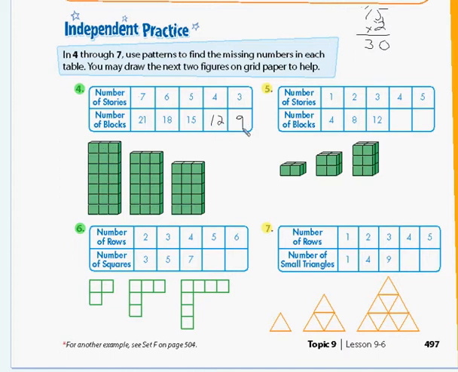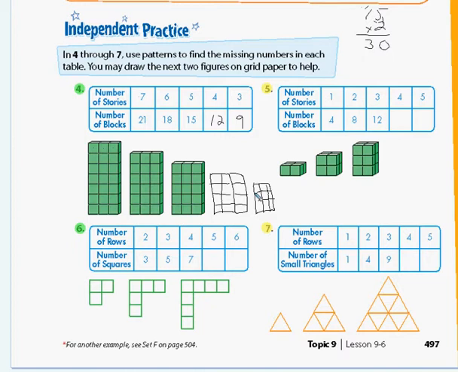A 4-story one, and there's 3 blocks per story, would have 12 blocks, and a 3-story tower would have 9 blocks.